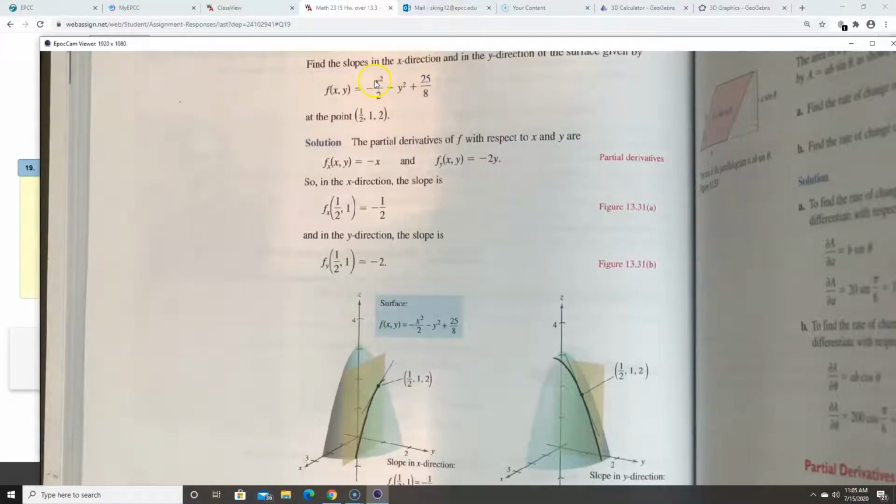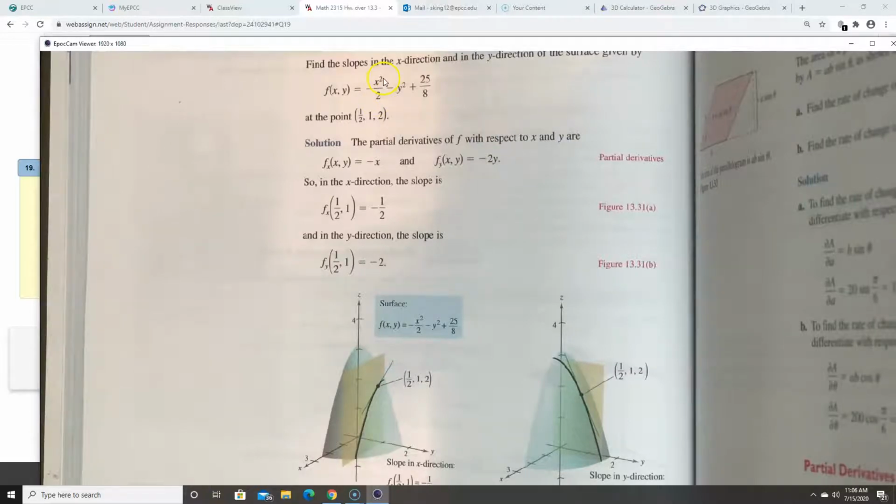This is the only term that has an x in it, so you differentiate this with respect to x. So use the power rule, bring down the 2, and negative 1/2 times the 2 you bring down will be negative 1.